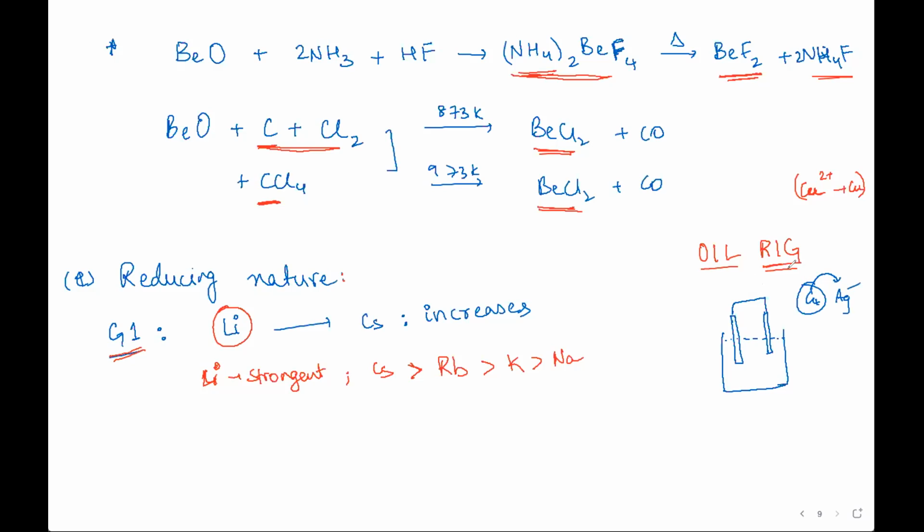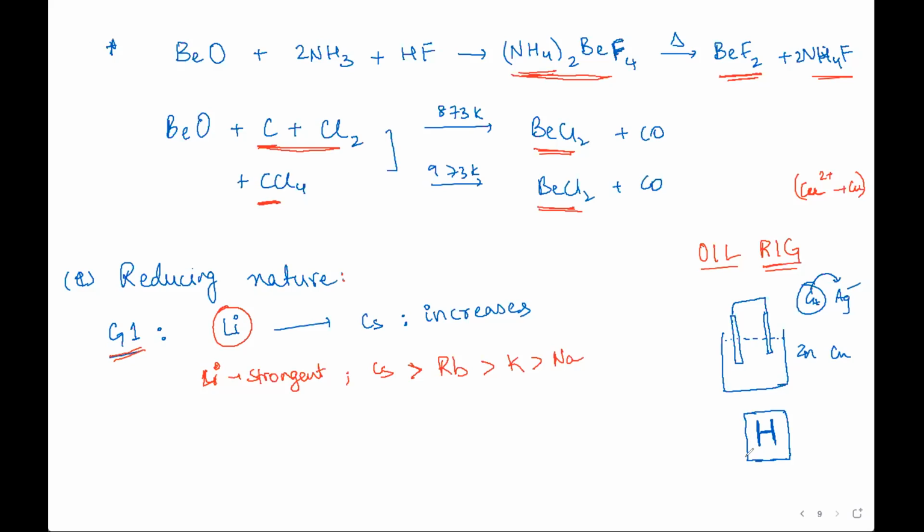So in order to standardize it, you could take any pair. If you take zinc and copper, copper is not reducing at all. But if you take copper and silver, copper is reducing in this case. So to avoid these complications and confusions, the reducing tendency is all taken in reference to hydrogen.